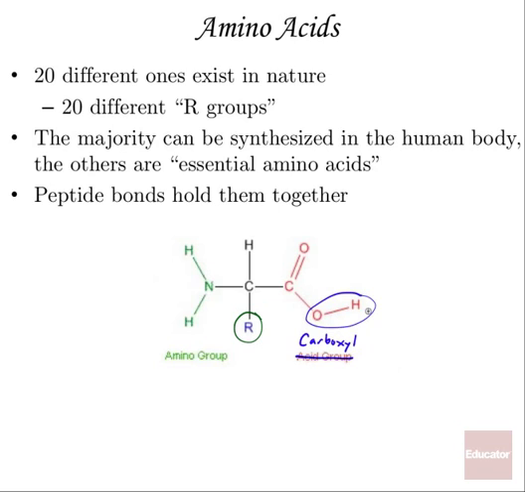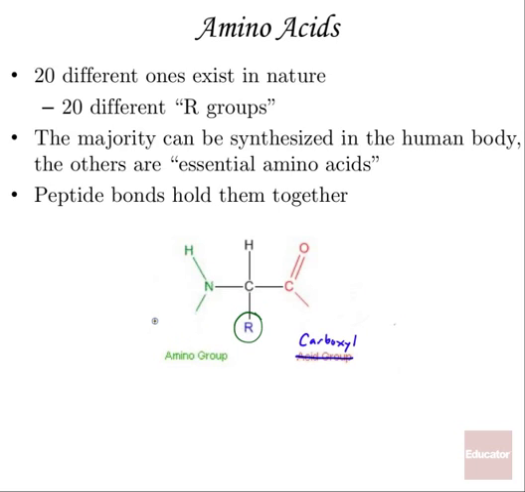A carboxyl group is the name for this. CO2H, you can abbreviate it as that. That's the carboxyl group. So an OH on that, and then if you look at the amino group over here, that makes water. So when these two leave, dehydration synthesis. So now let me erase this and show you how the peptide bond forms.